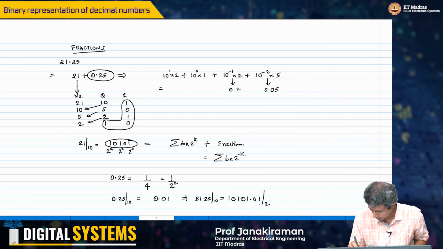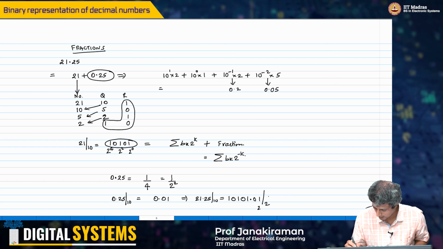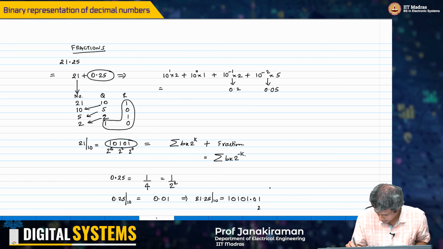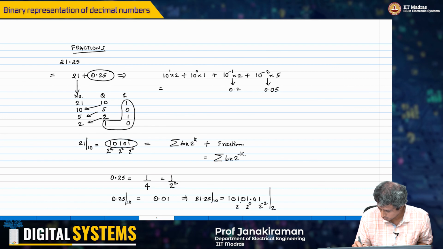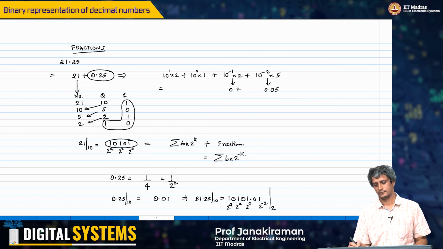This one is 2 power minus 2, 2 power 0, 2 power 1, 2 power 4.